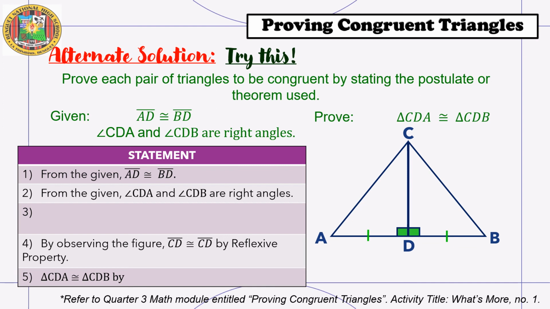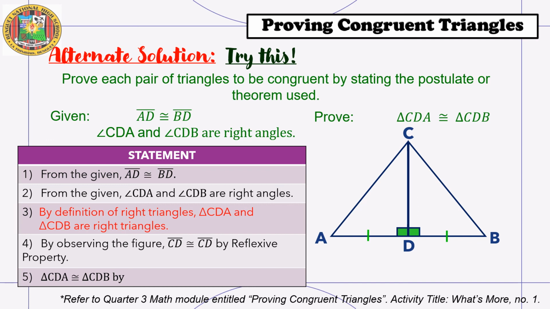For our third statement, we will make a statement based on the previous statements. Because angles CDA and CDB are right angles in the triangles, we then say that triangles CDA and CDB are right triangles. This means that we can also use a right triangle theorem to prove that the triangles are congruent.